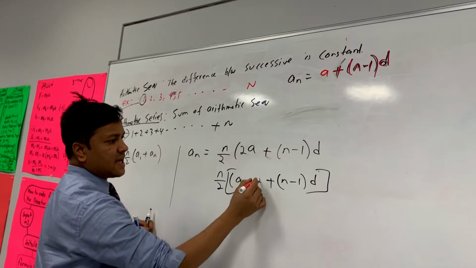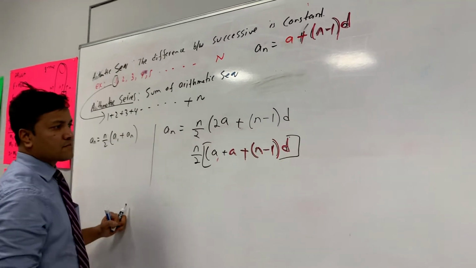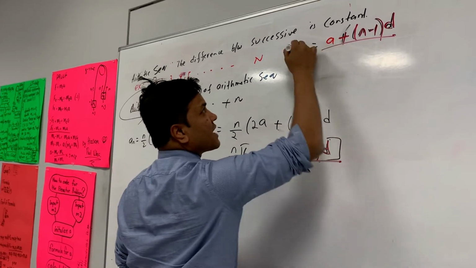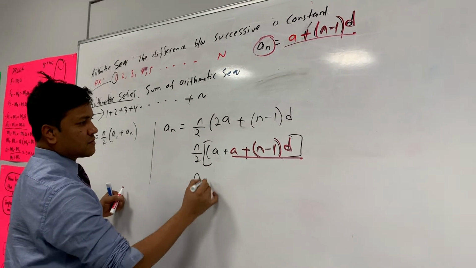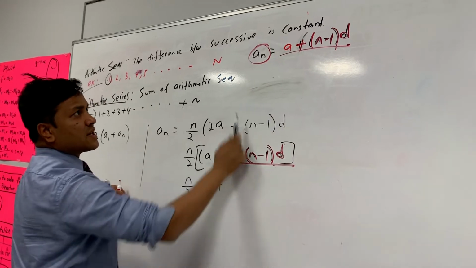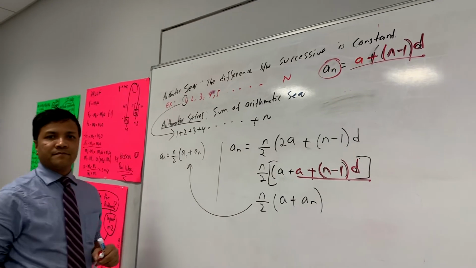All right, so this is a plus (n minus 1) times d. So I can replace this one by an. Why can't I? So n over 2 times (a plus an), this one is this one, an. And this is the special case right here.